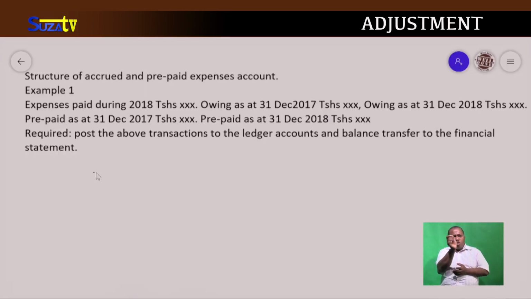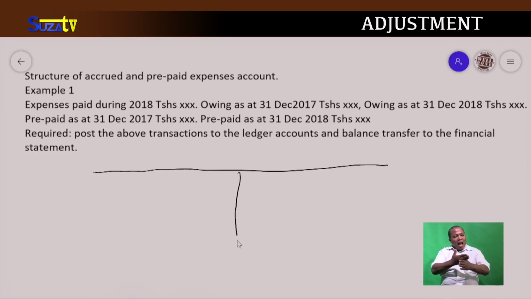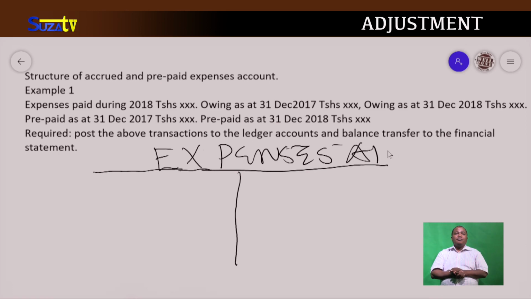How can it be shown through the account? First of all, draw the expenses account. Put here debit and here credit. Okay. Refer to example number 1.